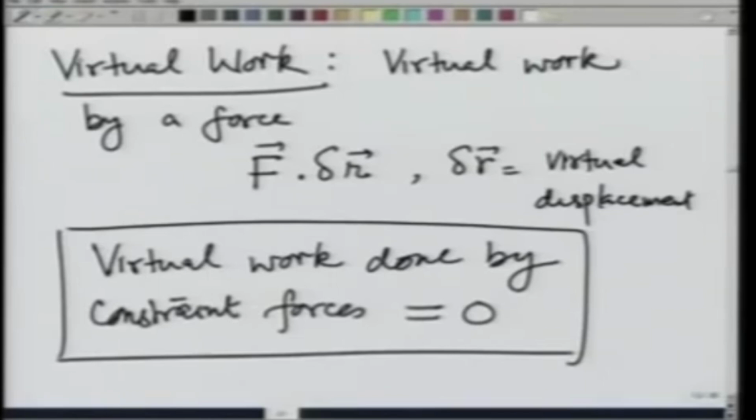With these definitions, we are now ready to develop the method of virtual work.